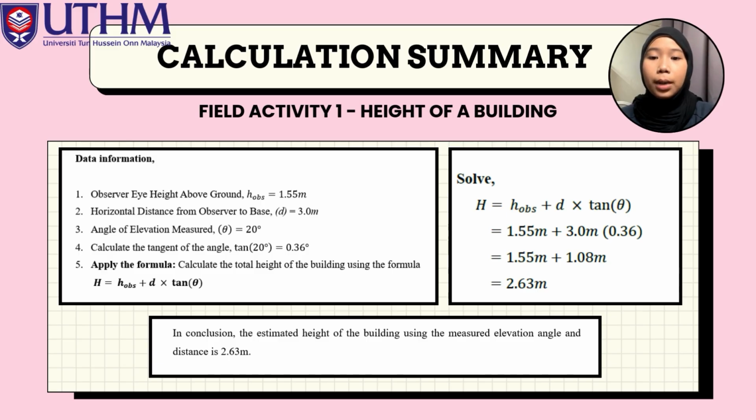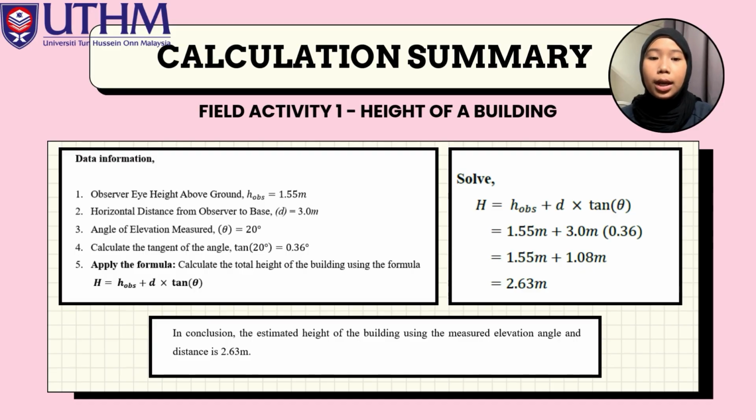Next, we must apply the formula. The formula we had is h equal to h_obs plus d multiplied with tan theta. So the value for h_obs is 1.55 meter plus 3.0 meter multiplied with 0.36. We must calculate the multiplication first.